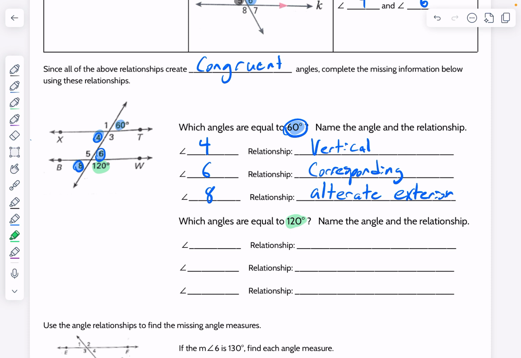So 120 to 5, that's vertical. 120 to 3, that is corresponding. And then 120 degrees to angle 1 would be alternate exterior.